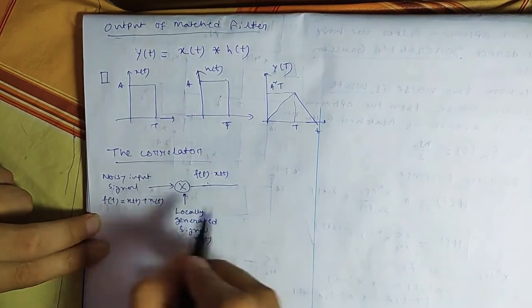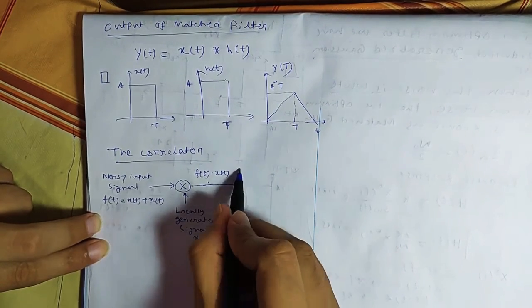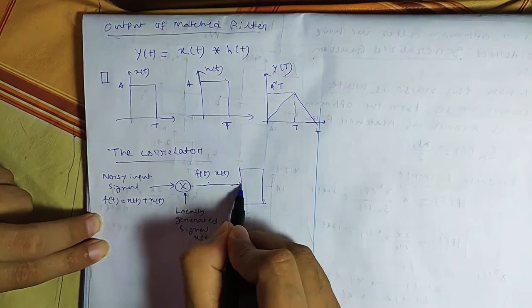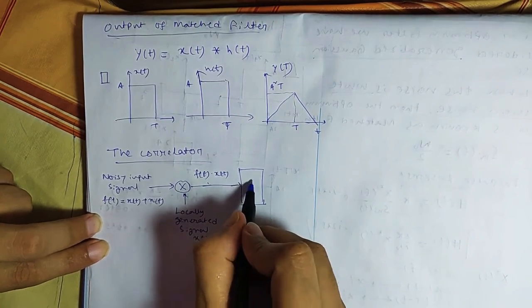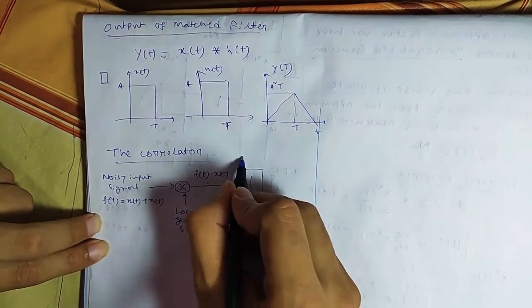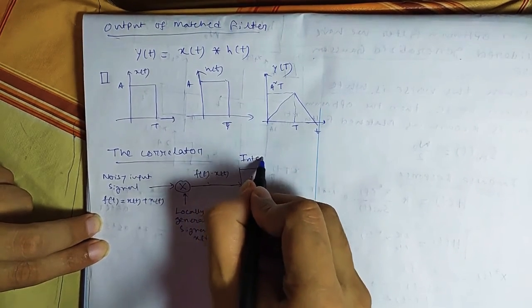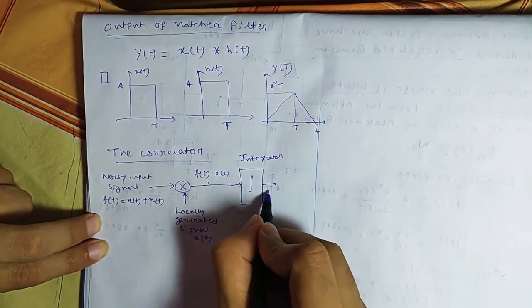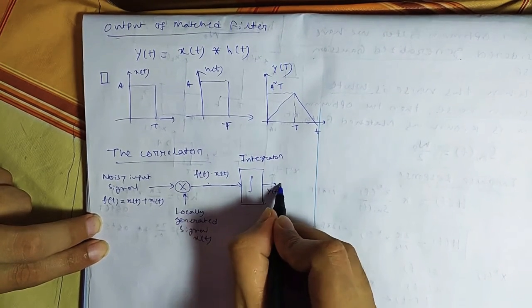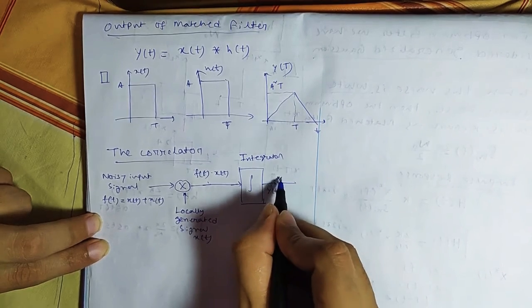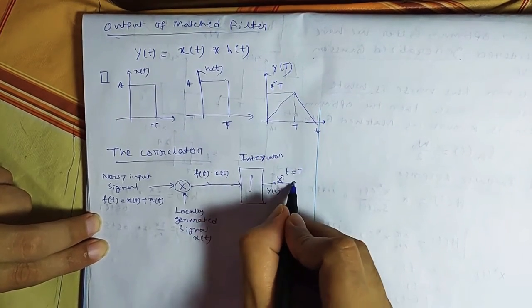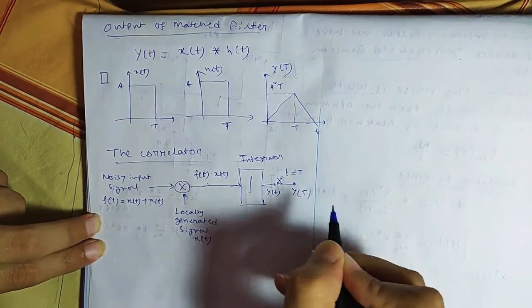Then we shall integrate this multiplication over the time interval 0 to T, so that will be the integrator. After integration you have output y(t), and we'll take a sample of the output at time t equals T, so it will be y(T).